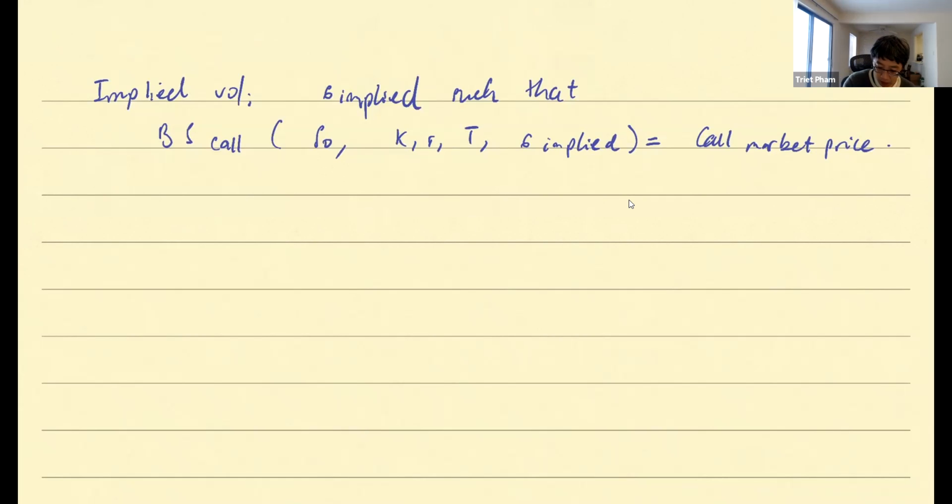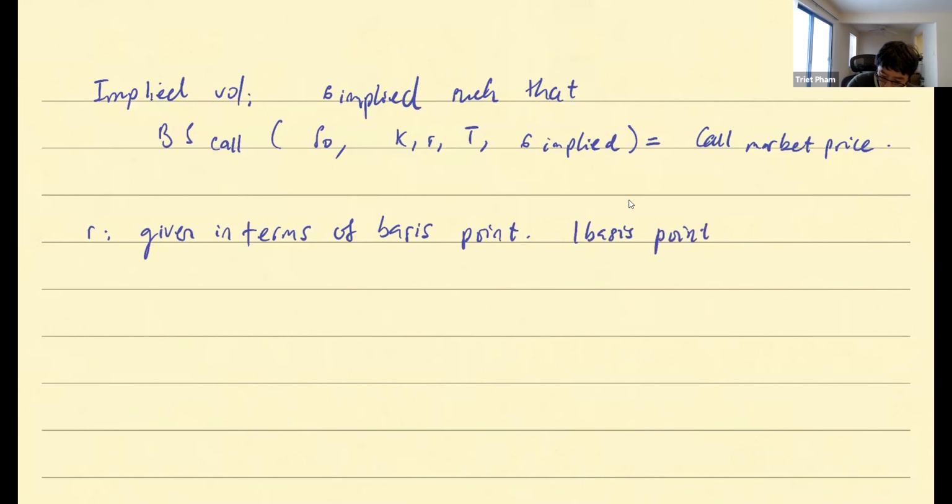This R right here also causes a little bit of a hiccup, because of how the Fed gives the R. R is given in terms of basis points, and 1 basis point is basically 0.01 percent.